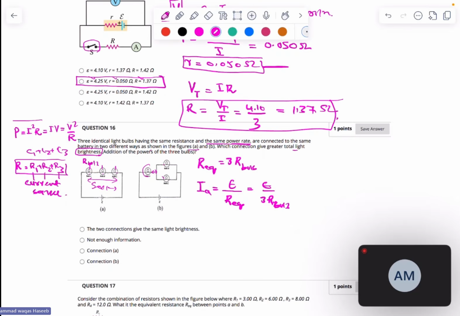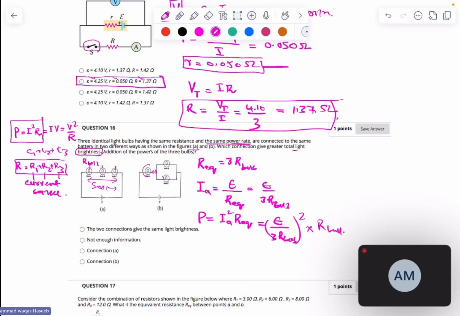Now what is power? Power is I squared R. So power is I_A squared and R total. So now we have I_A, which is epsilon or EMF, divided by 3R bulb, squared, multiplied by R required, which is R bulb.